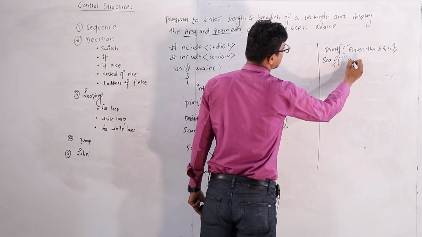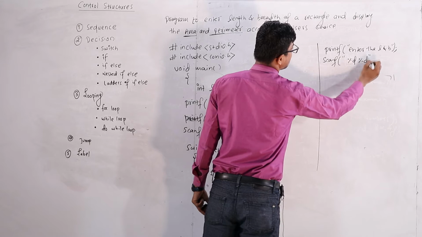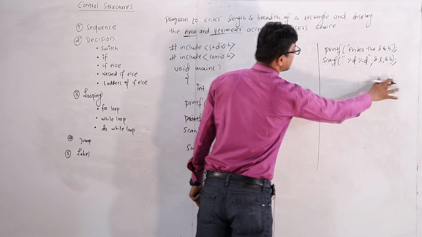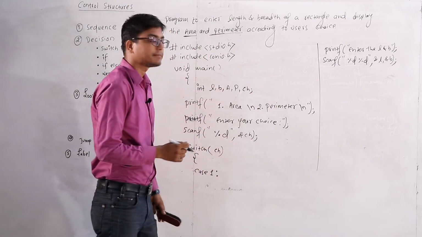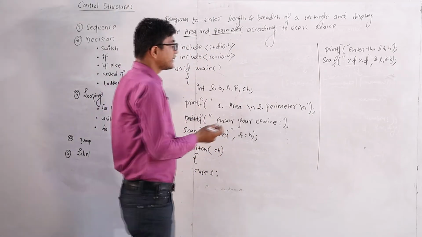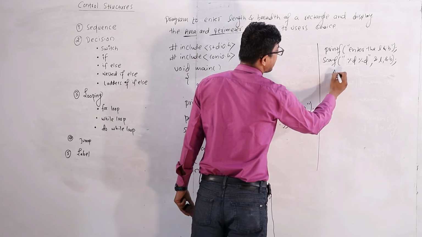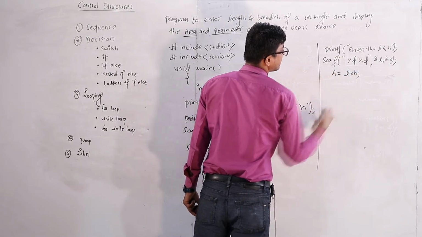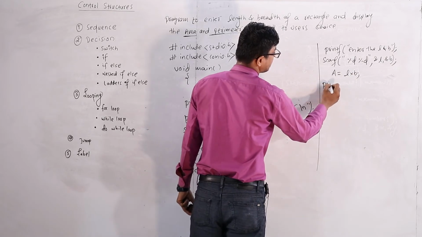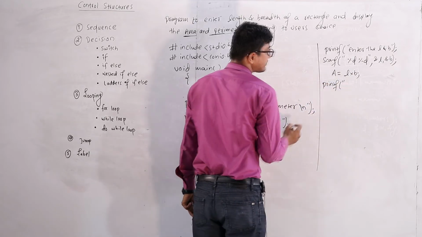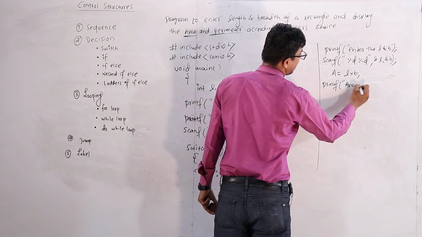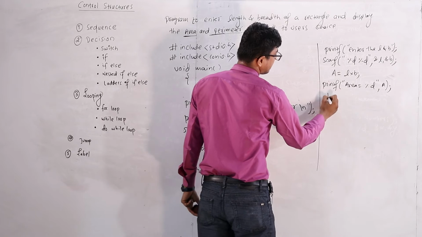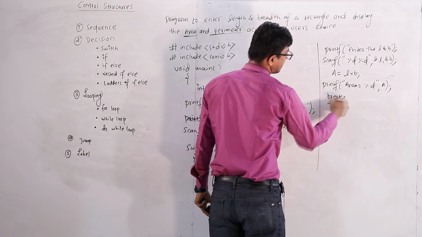Scanf %d %d, L and B. Now the values of L and B are given, so after taking them, we can find the area simply: A equal to L into B. Now display with printf "area equal to %d", A. Break.